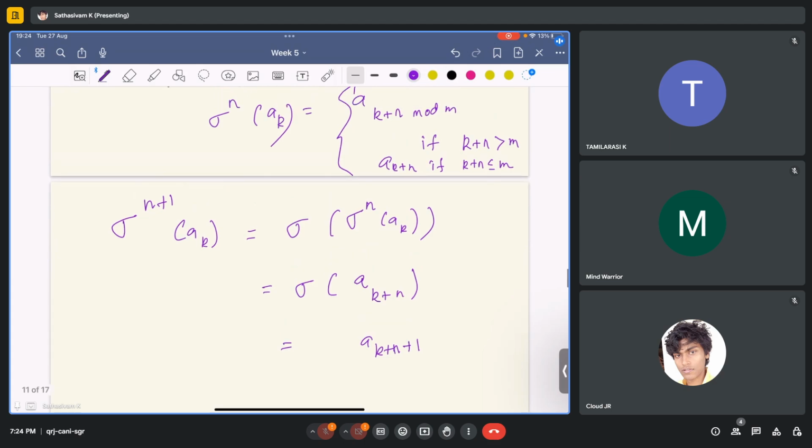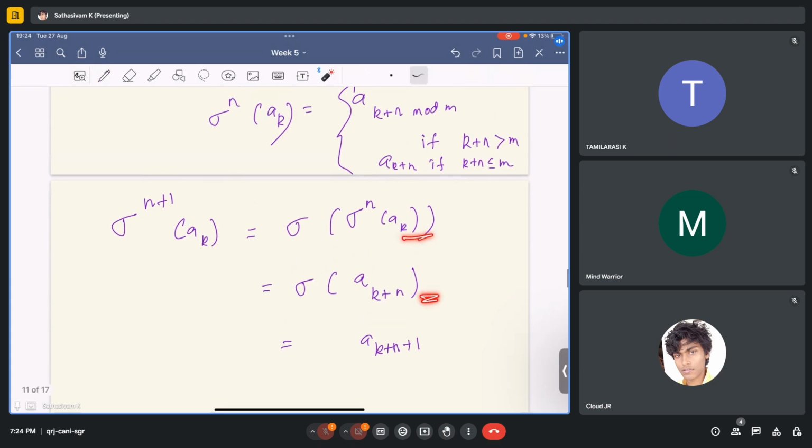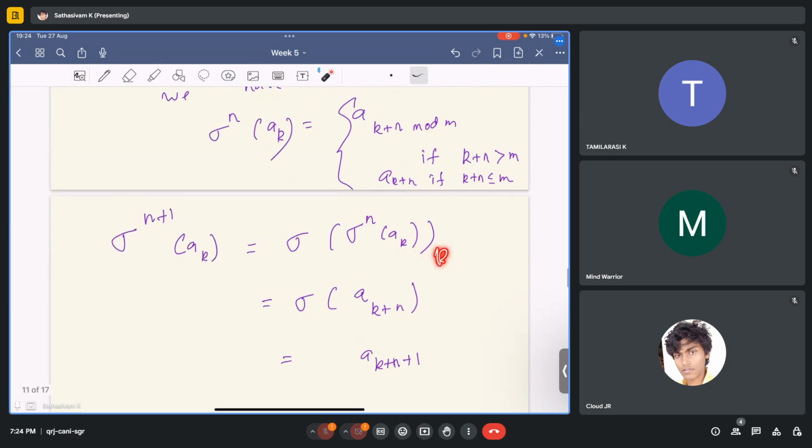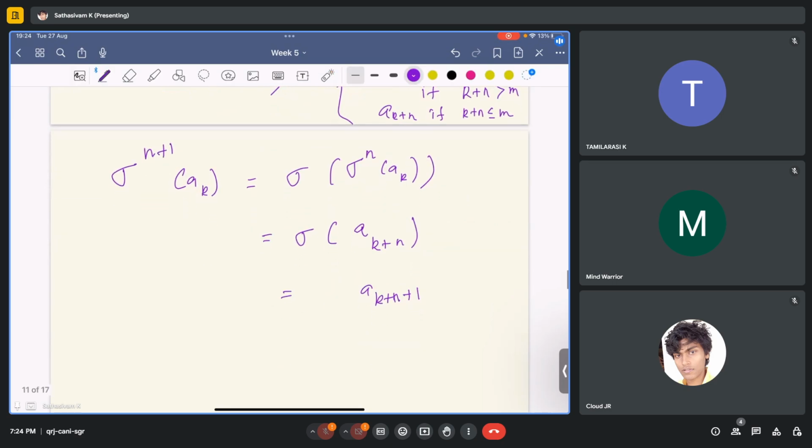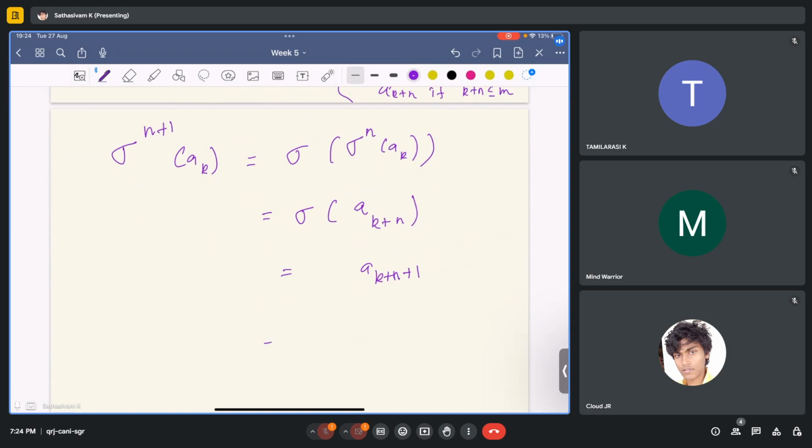But the only problem is in both cases we have this mod formula. If k plus I is greater than m, then we will go mod that. So the same thing comes here also. This is the same as a k plus n plus 1 mod m if k plus n plus 1 is greater than m.